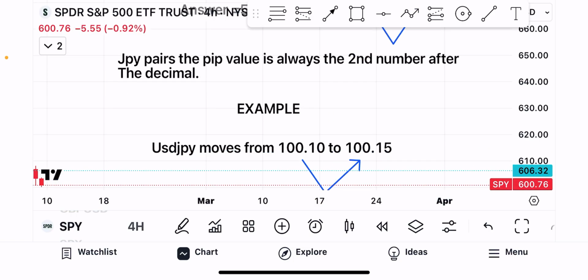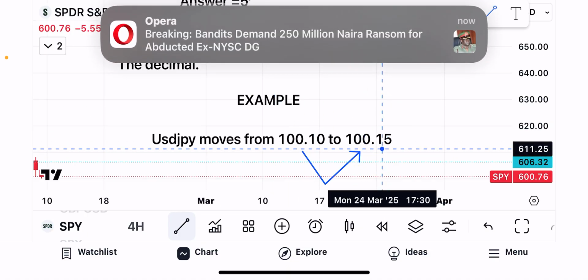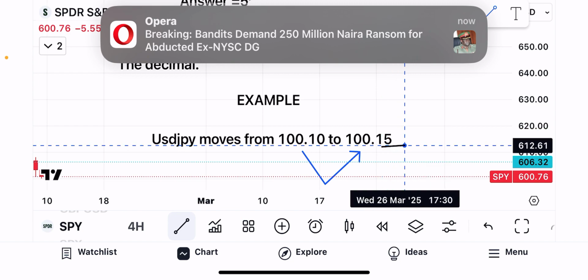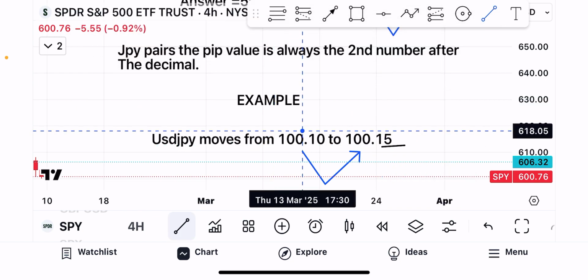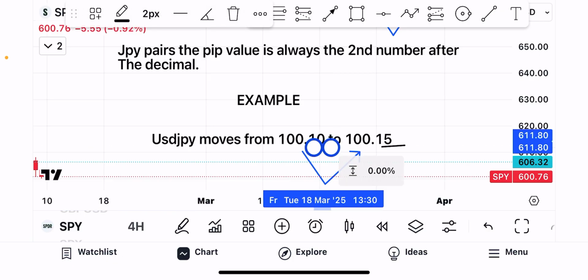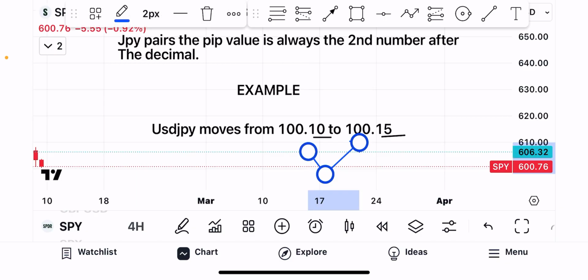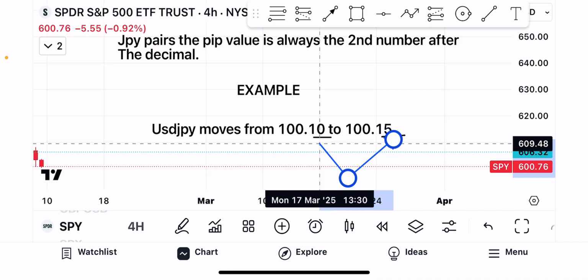So we said this is the second decimal point. Number after the decimal point. This is the second, this 10. So what we are just doing is this to this. Understand?